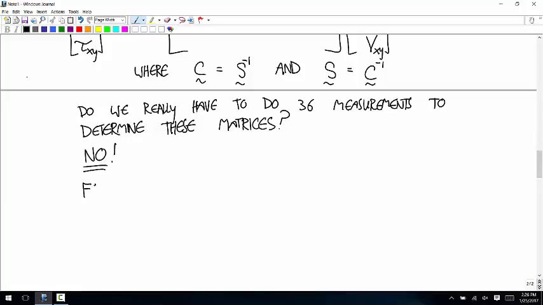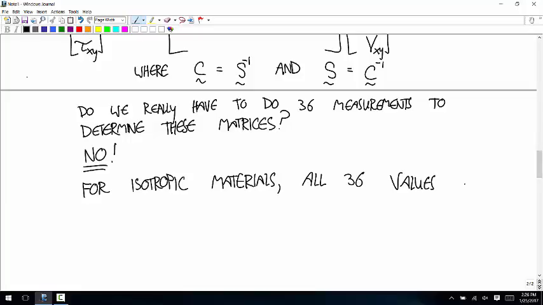But if a material is isotropic, who remembers what isotropic means? Same behavior in every different direction. That's right. For isotropic materials, all 36 values are derived from just two parameters.